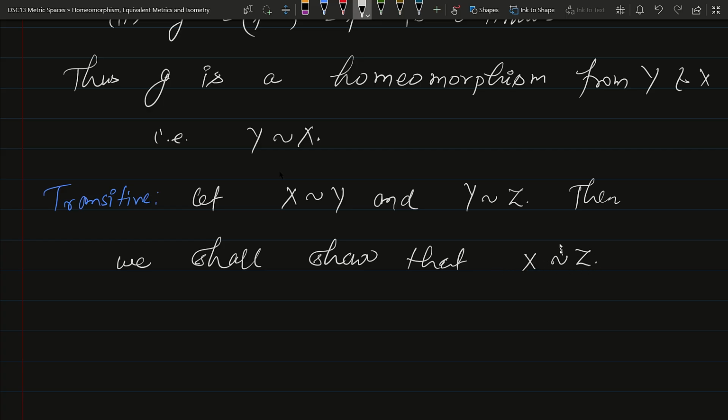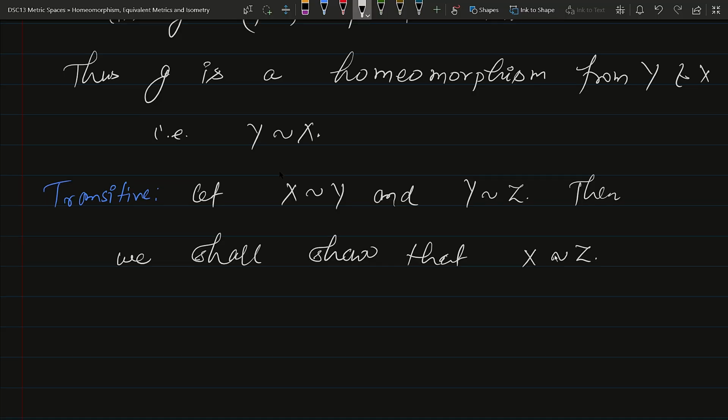Whenever we have a function from X to Z which is continuous, one-one and onto, and of course its inverse must also be continuous.